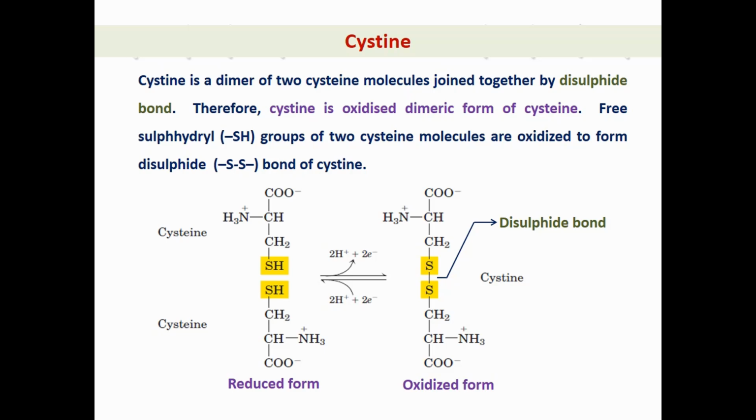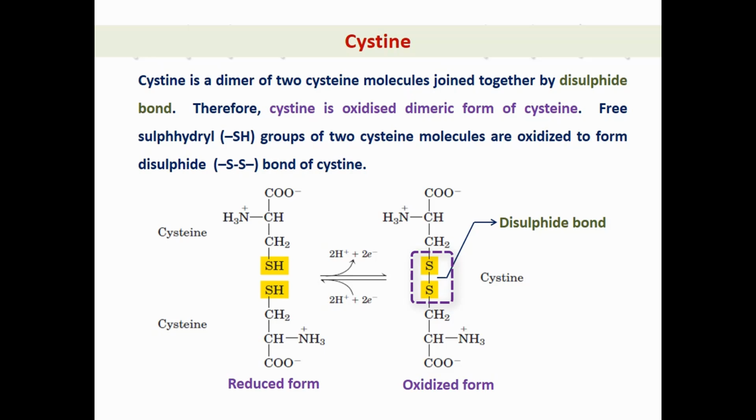Free sulfhydryl groups present in two cysteine molecules are oxidized to form the disulfide bond of cystine. Here in the structure you can see that free sulfhydryl groups in cysteine molecules are highlighted in yellow color, and after the formation of the disulfide bond they form the cystine molecule, and that disulfide bond in the cystine molecule is also highlighted in yellow color.